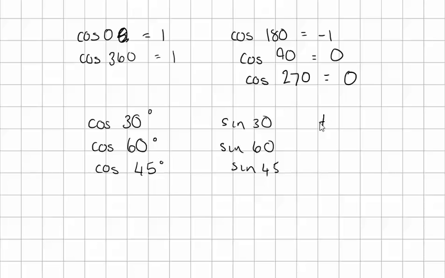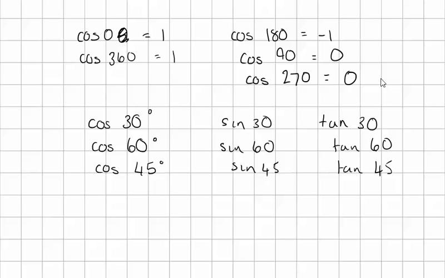You are also going to know tangent of 30, tangent of 60 and tangent of 45. And then obviously the easy ones for sine as well. They're not so easy for tangent, but sine of 0, 360, minus 1 as well. I'm going to ask you to do them on your calculator so you can see the shape. You should be able to do sine quite easily. And we'll be looking at 30, 60, 45 for those ones.